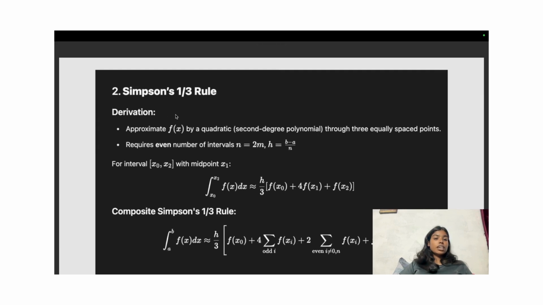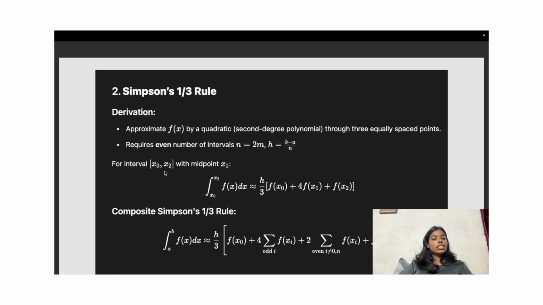Now the second rule is Simpson's 1/3 rule. Derivation: approximate f(x) by a quadratic, second degree polynomial through three equally spaced points. It requires an even number of intervals, n = 2m, h = (b-a)/n.